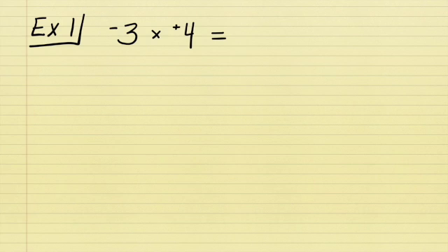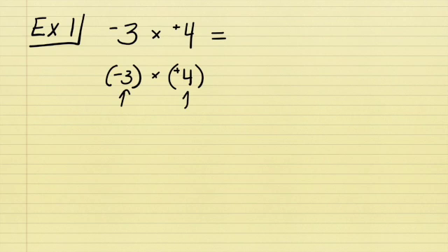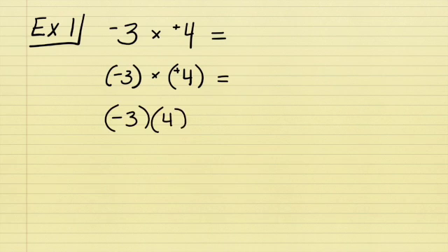Now, if you're looking at something in a digital format, like on BuzzMath or iExcel, or even when we take state testing, you're probably going to see it written more like this: negative 3 times a positive 4, where the parentheses help show you that the negative goes with this and the positive goes with this. Or better yet, you're going to see it written like this: negative 3 times a positive or a regular 4. Because we know that when you write numbers next to each other with parentheses, that means multiplying.